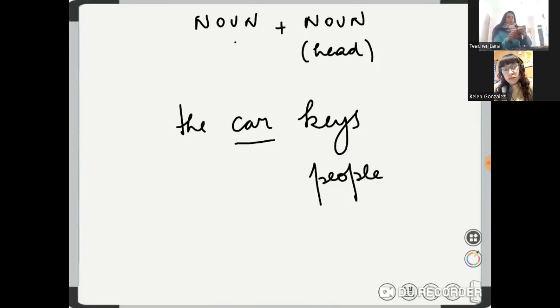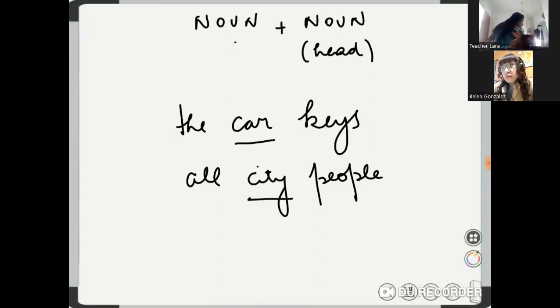Yes? What people? Well, all the city people, all city people. What's the function of city here? Well, city is a noun, we agree, but in this case it is pre-modifying the noun people, because I'm talking about people, not about the city, right? Now, the same as before, when a noun is pre-modifier of another noun, it never takes the plural form. Never a plural form in a pre-modifier noun.